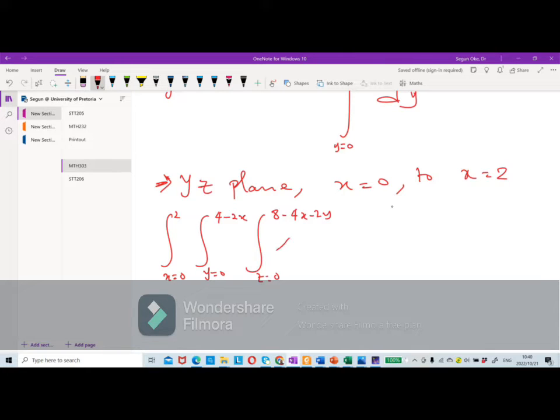So we can write it as the integral of 45 x squared y dz dy dx.